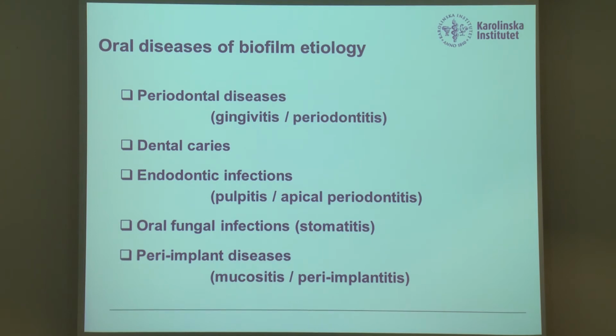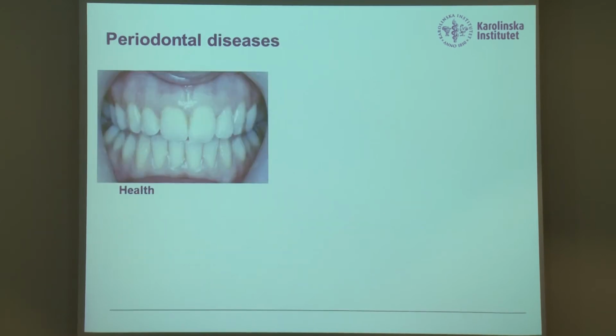And last but not least, we have a more modern series of diseases, peri-implant diseases: peri-implant mucositis and peri-implantitis. These are the result of the application of dental implants, which I wish I would have more time to talk about in this lecture, but that's perhaps a completely separate topic.